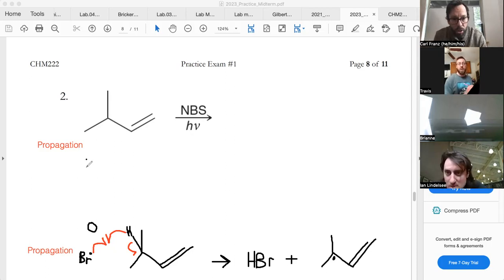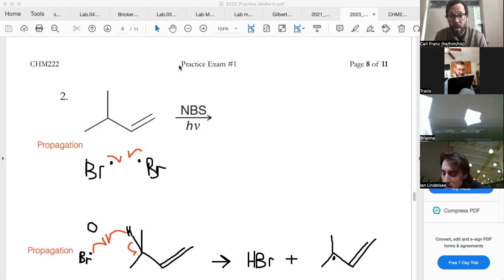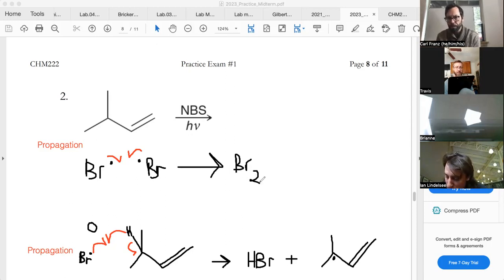We can also have two bromine radicals coming together to form Br2. All this is happening at the same time, right? Together.